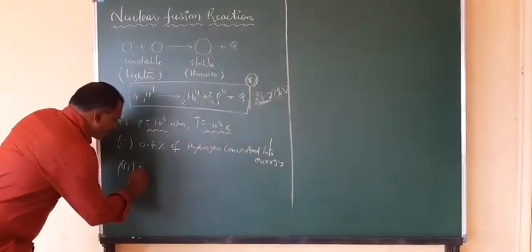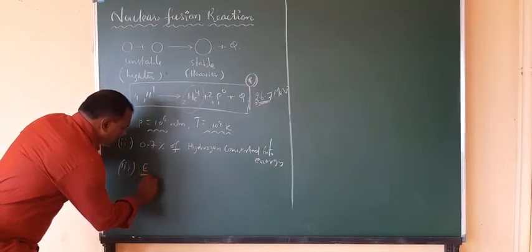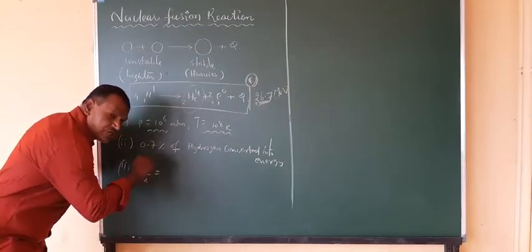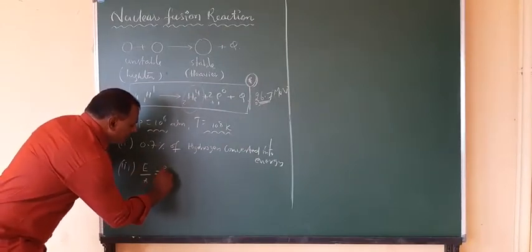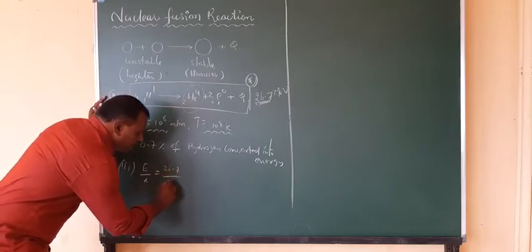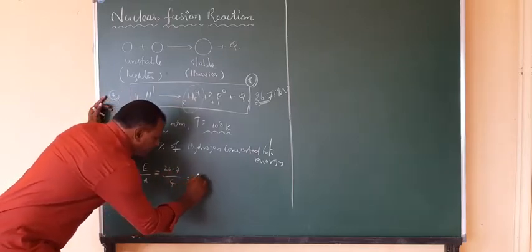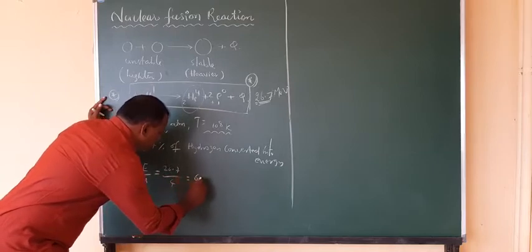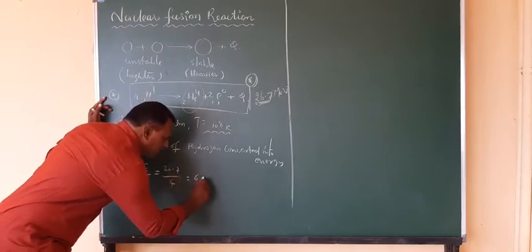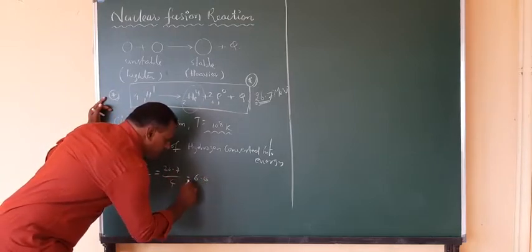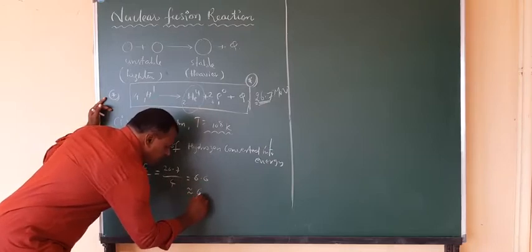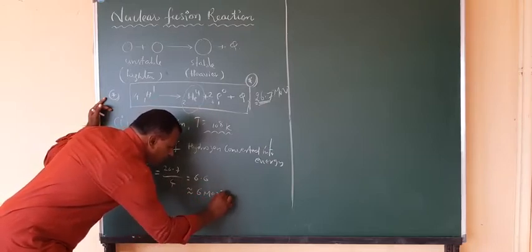So here you can write energy per nucleon for a fusion reaction. It will be 26.7 upon 4, which is 6 point something, approximately 6 or 7 million electron volts.